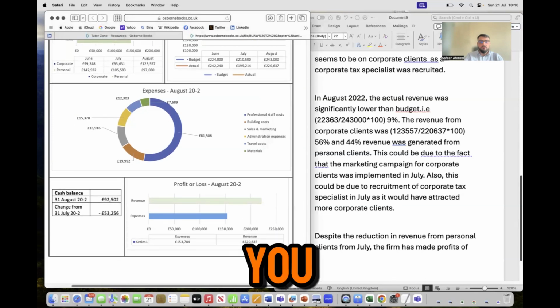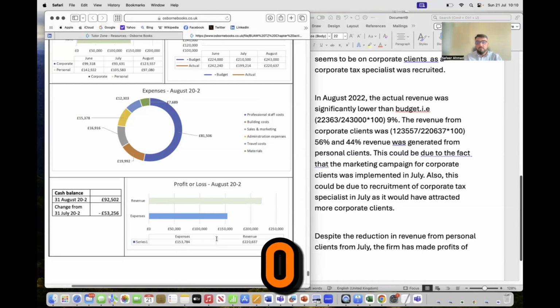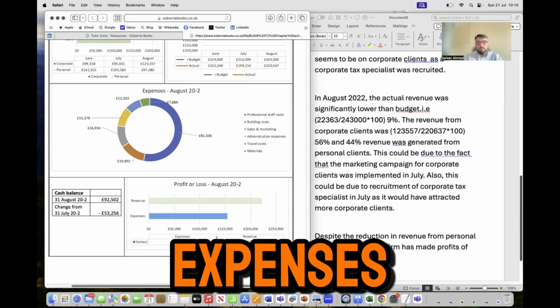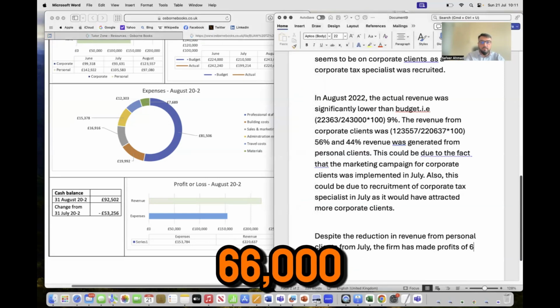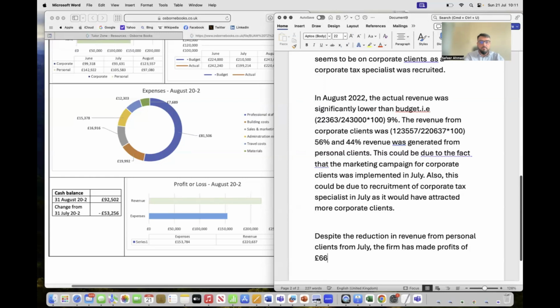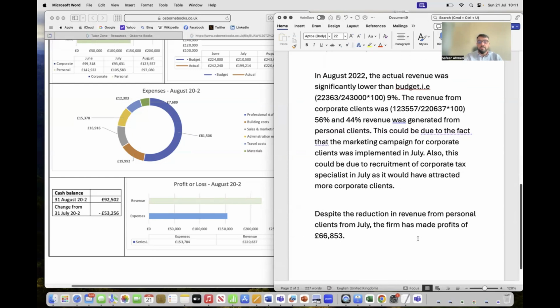You can see that they're giving you total expenses and total revenue, profit or loss. So the difference between revenue and expenses will be the profit, of course. Which is 220,637 minus expenses 153,784, which gives you 66,853. Profits of 66,853. So overall, still they were profitable, if that makes sense.